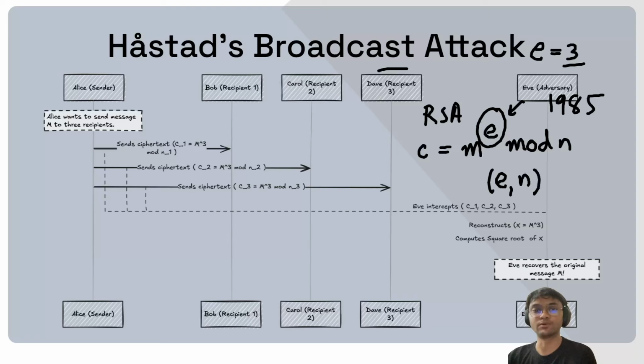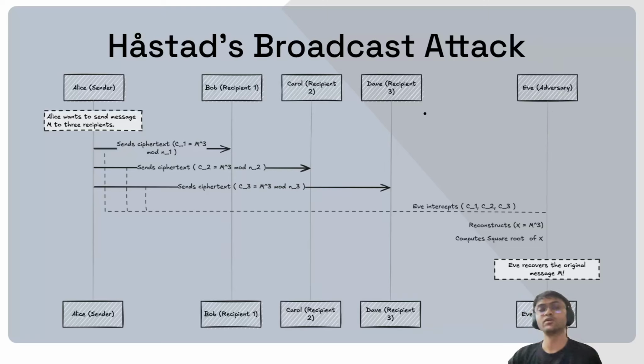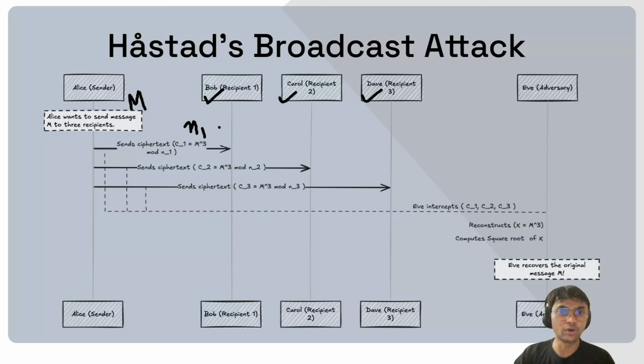Let us understand the setup of this attack. We have Alice over here, the sender of a message. She wants to send a message M to 3 different recipients, Bob, Carol, and Dave. It's basically a broadcast to 3 different recipients. Now, Alice chooses the modulus N1 for Bob, N2 for Carol and N3 for Dave. And all of these are relatively coprime.